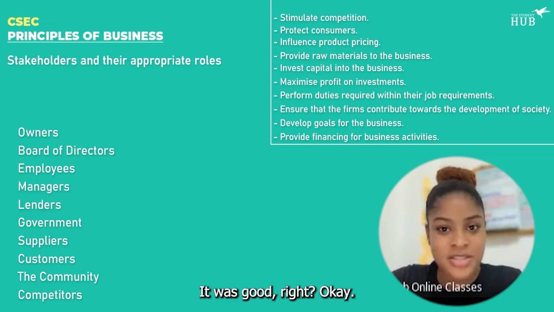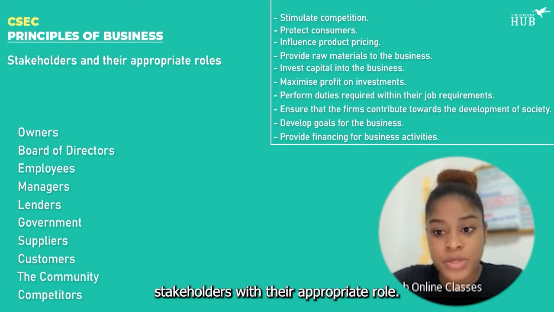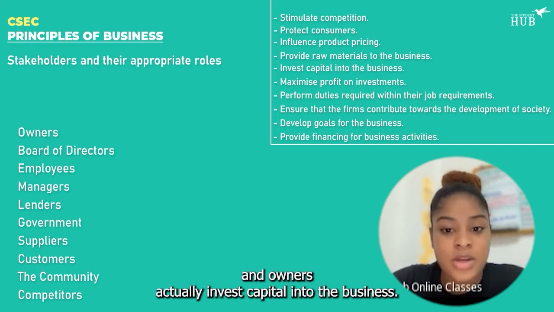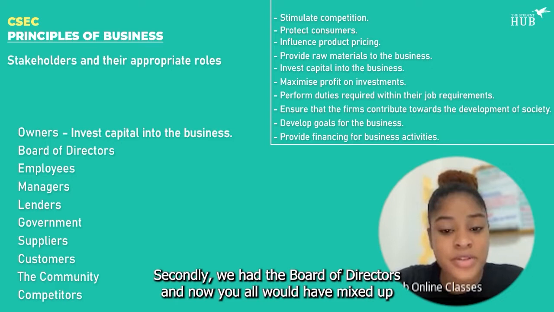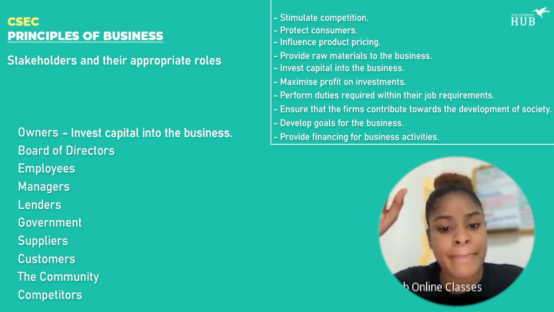It was good, right? Okay, so basically what y'all had to do for homework is match the stakeholders with the appropriate role. So the first one was owners, and owners actually invest capital into the business. That is one of their roles, right? Secondly, we had the board of directors, and now y'all would have mixed up owner's role, board of directors role, manager's role.